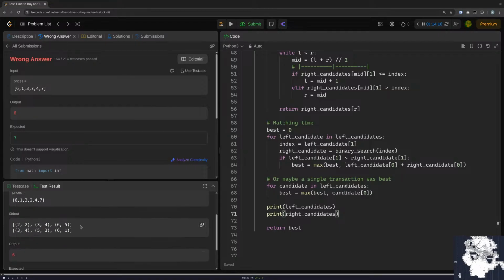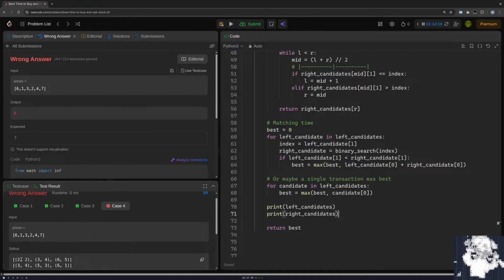So our left candidates are ending at 2. So it's saying buying this would give you a profit of 2. This would give you a profit of 3. And this would give you a profit of 6. So the left candidates are correct.